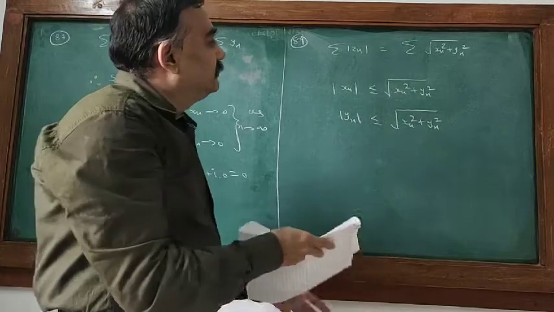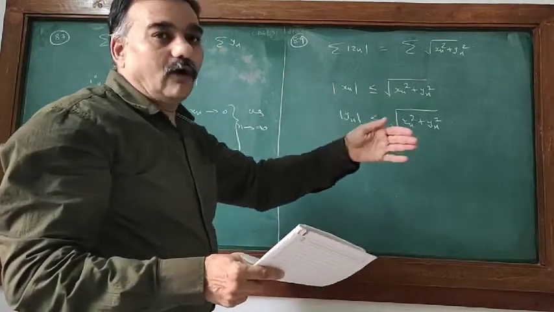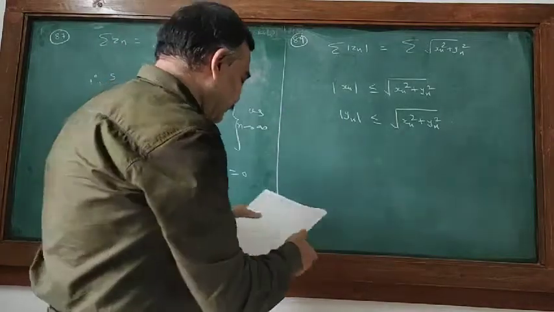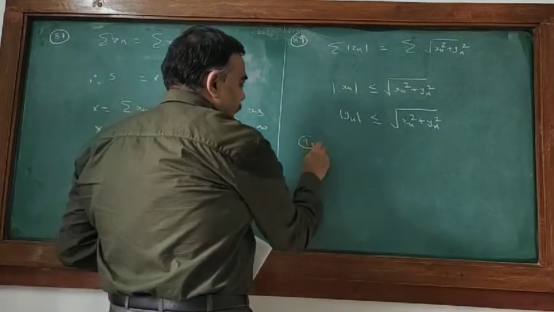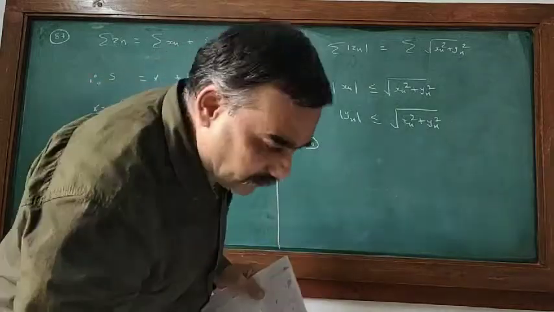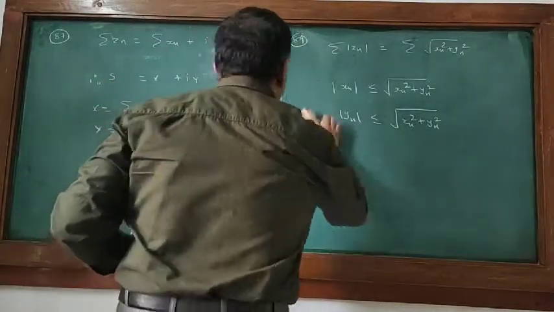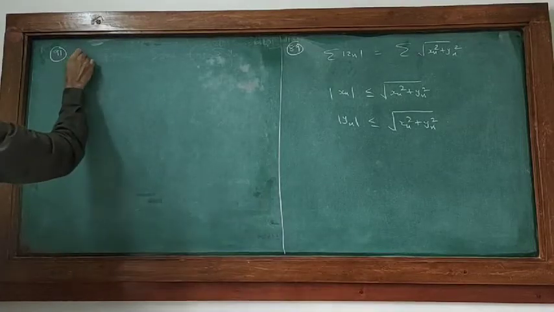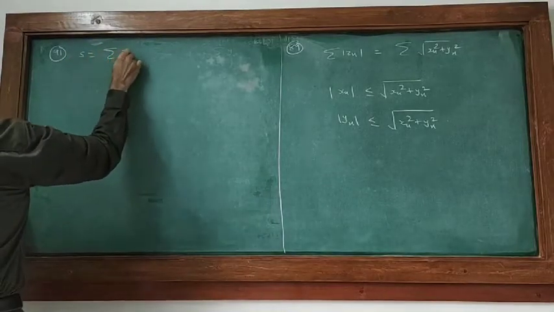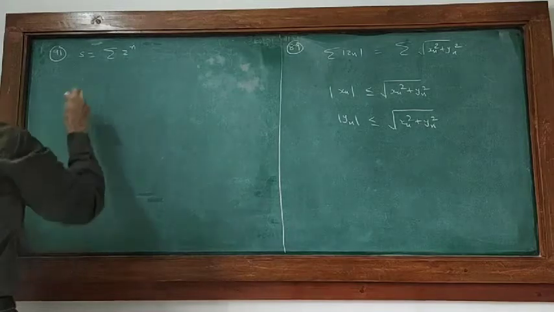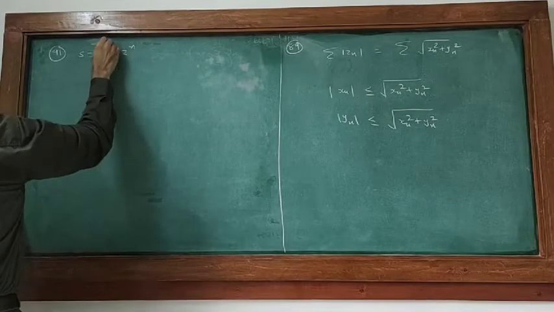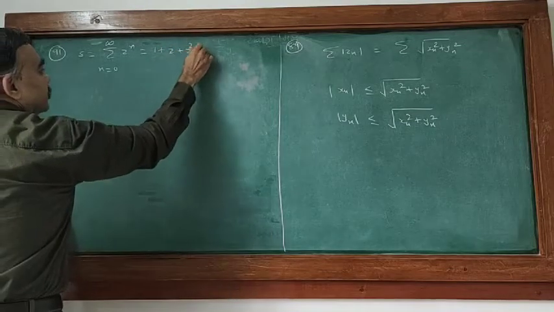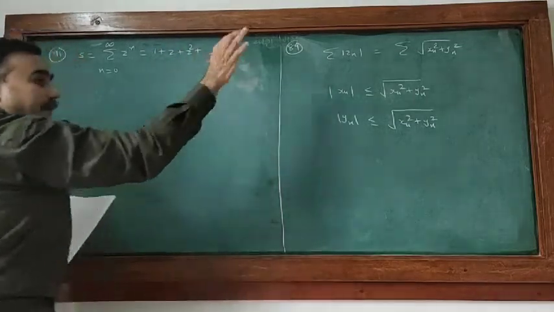And we are at the conclusion of unit 1. At this juncture, after 90, it's a small theory. Okay. S equal to sigma z raised to n, n running from 0 to infinity, so it is equal to 1 plus z plus z square and all other terms.